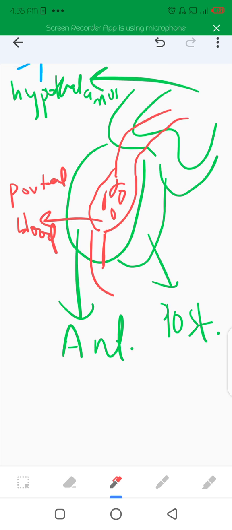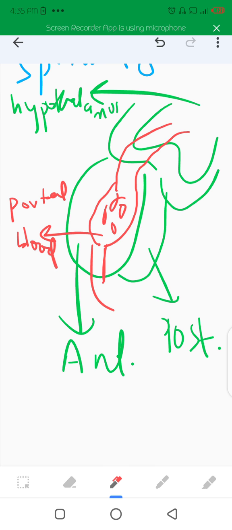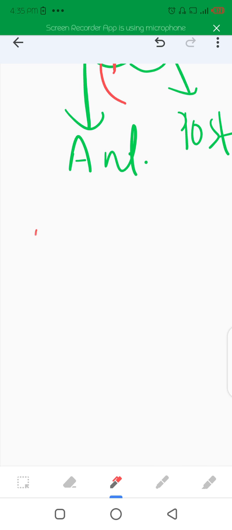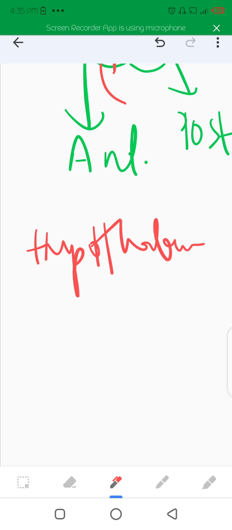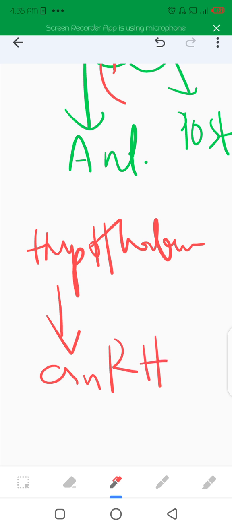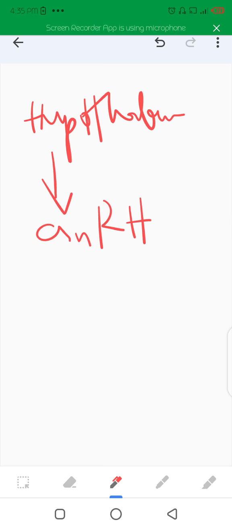So the hypothalamus releases gonadotropin releasing hormone, GnRH, into the anterior pituitary gland.